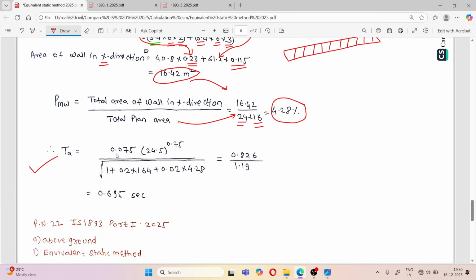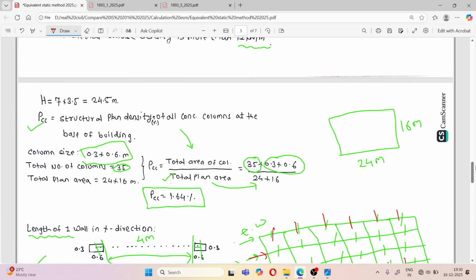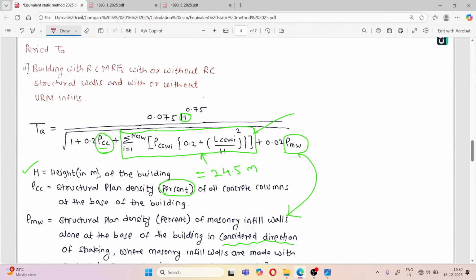Now we can calculate the time period. The formula is 0.075, h is the height of the structure, raised to 0.75. This is the coefficient. Now this is 1 plus 0.2.